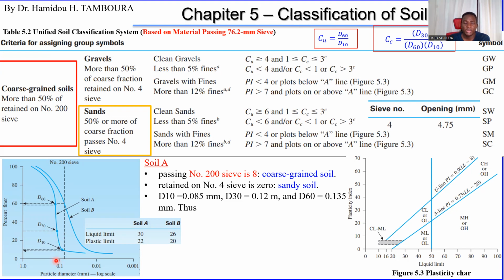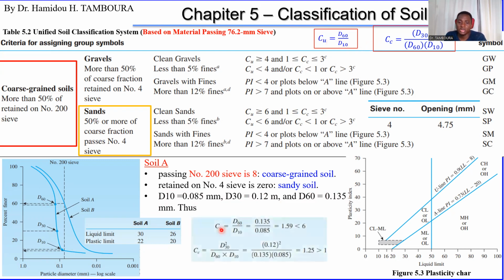D60, here, 60, we project on the curve and see how much it will be. It is saying 0.135 millimeter. After obtaining all these values, D10, D30, and D60, we can calculate these coefficients. Cu will be 1.59, which is smaller than 6.